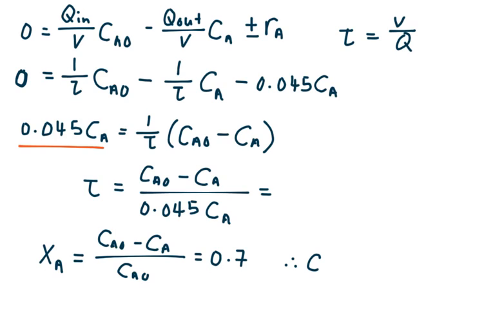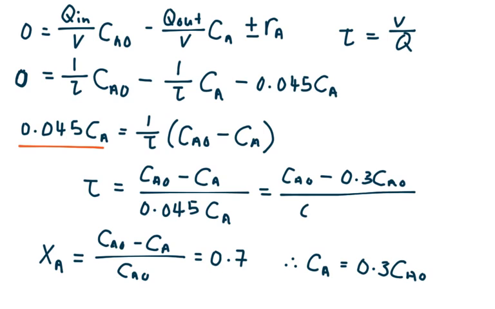Therefore, you can calculate that your CA will be equal to 0.3 CA0. So then I can input this into the equation: CA0 minus 0.3 CA0 divided by 0.045 multiplied by 0.3 CA0.